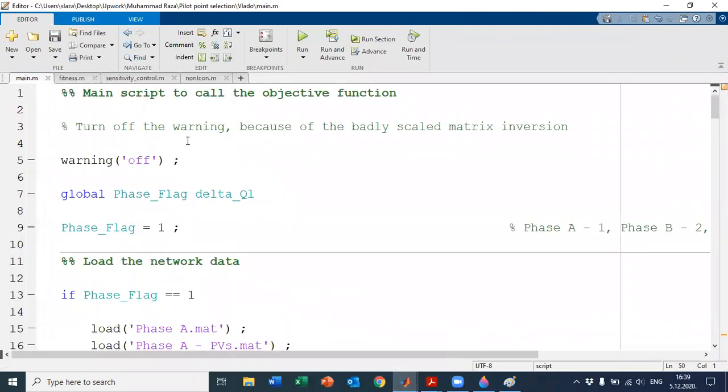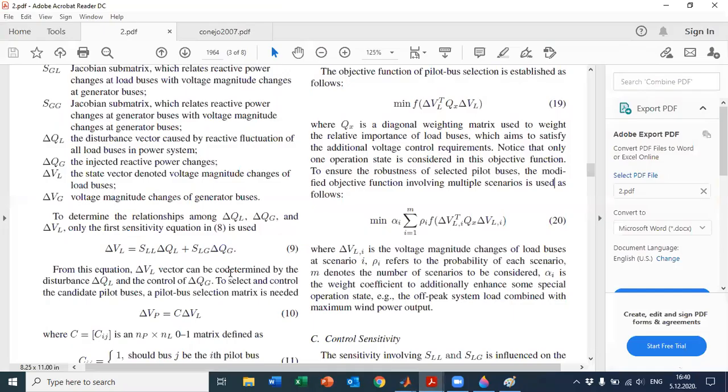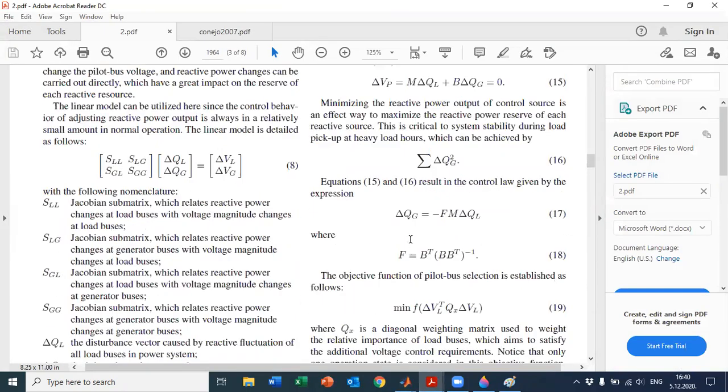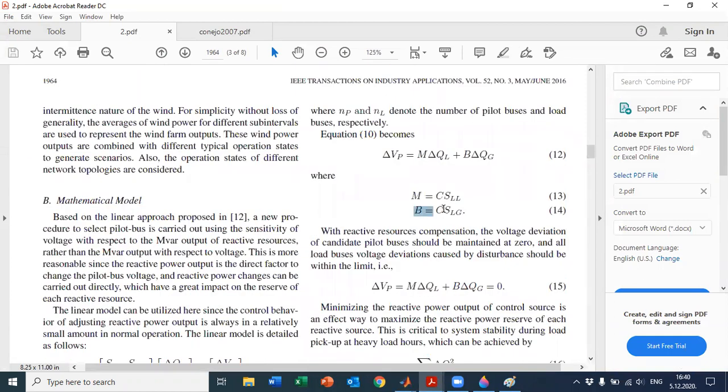In the main function, here you see that we're using warning off. This is because this B matrix is often sparse during the process, and its inversion is close to impossible. The matrix is badly scaled, so sometimes it's impossible to determine its inversion.